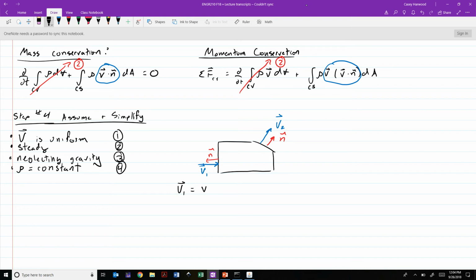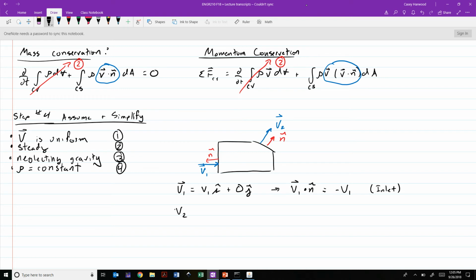Well, if we give it the magnitude of v1 without the vector sign, it's entirely in the x direction, equal to v1 i plus 0 j. This means that v1 dot n is simply equal to negative v1, right? We're looking at this part right here, which signifies that this is an inlet.